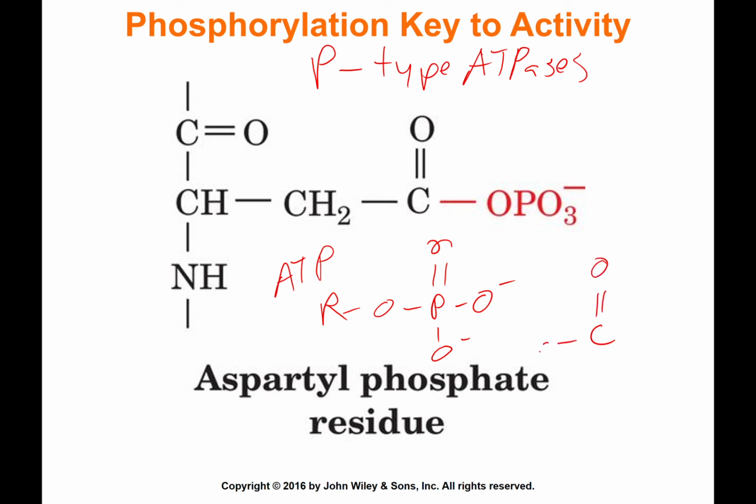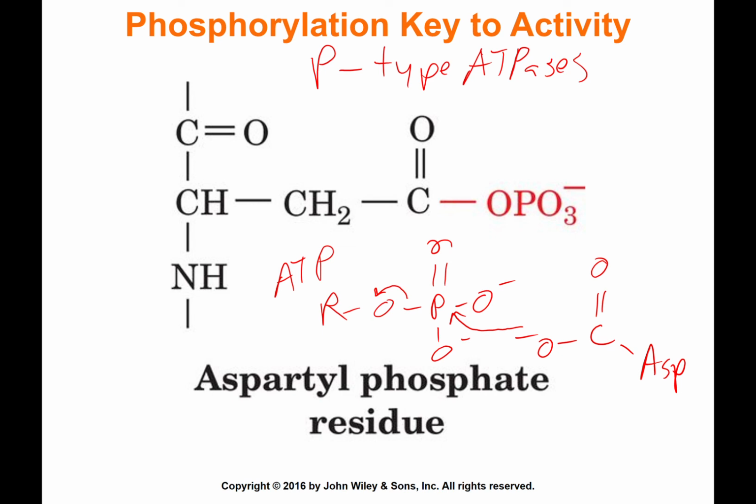For an aspartate, we have the carboxylate. What's going to occur here is a nucleophilic attack of the carboxylate on the phosphate, on the phosphorus, and then we're going to break the bond here.